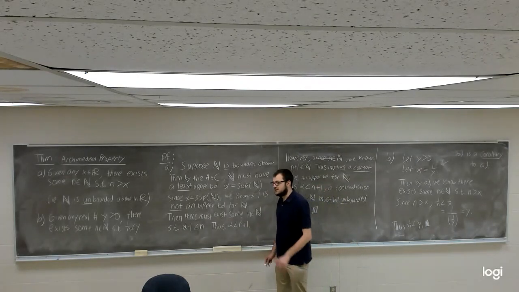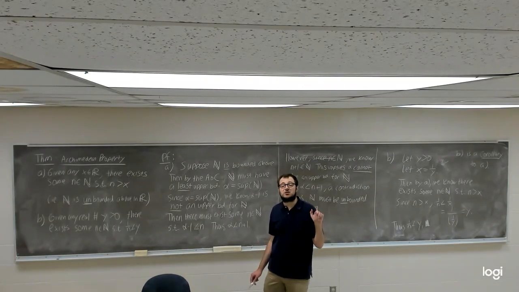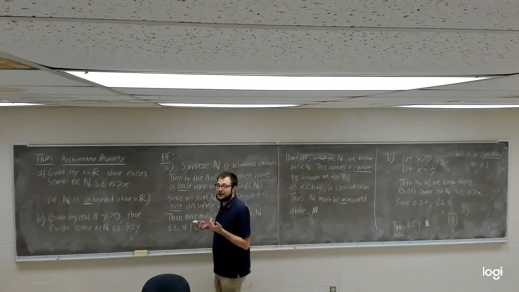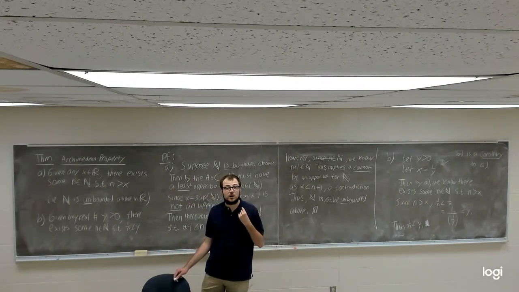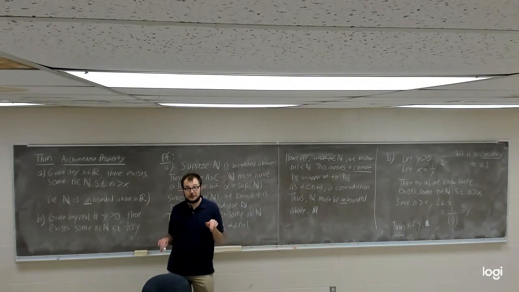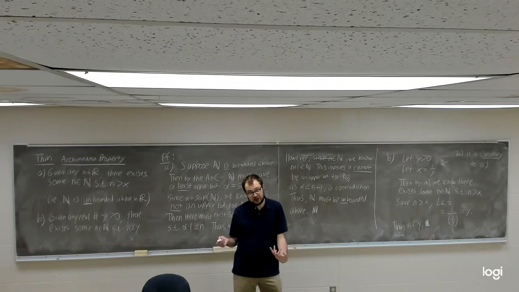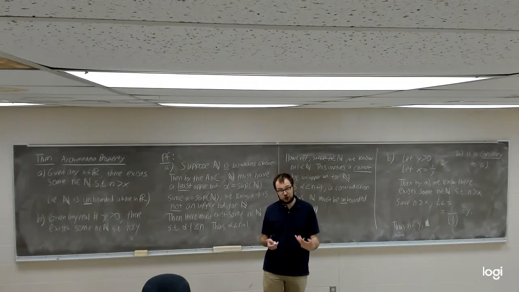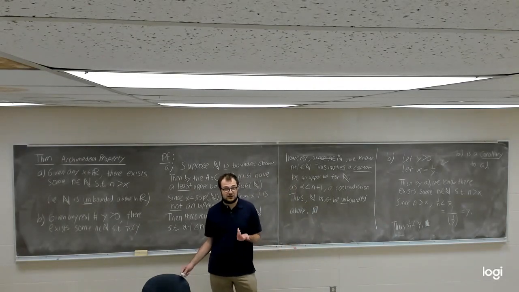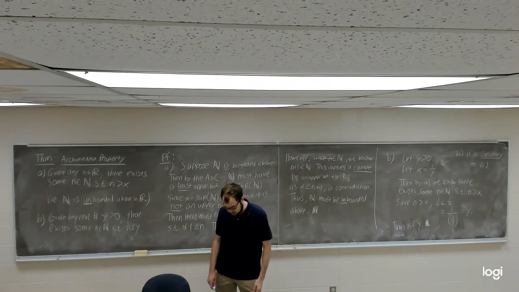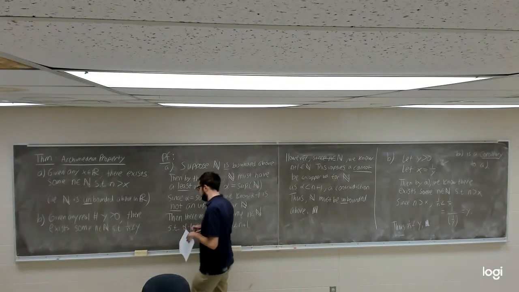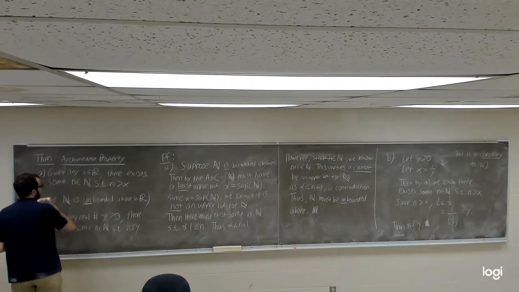What that means is if I take any two real numbers, no matter how close they are, whether it's say pi and pi plus 1 over a trillion, I can always find some rational number, a number that can be written as a fraction of integers, that lies in between those two real numbers. So let's actually prove this. This is our density of the rationals theorem.